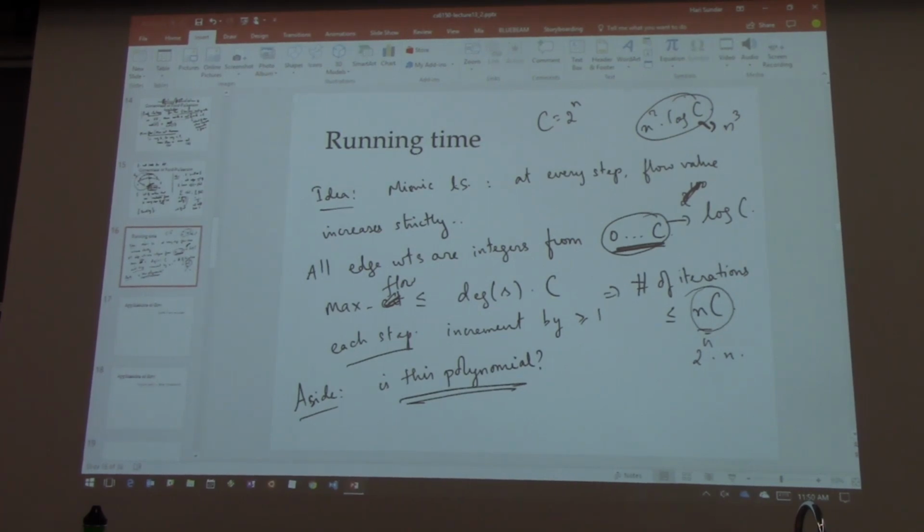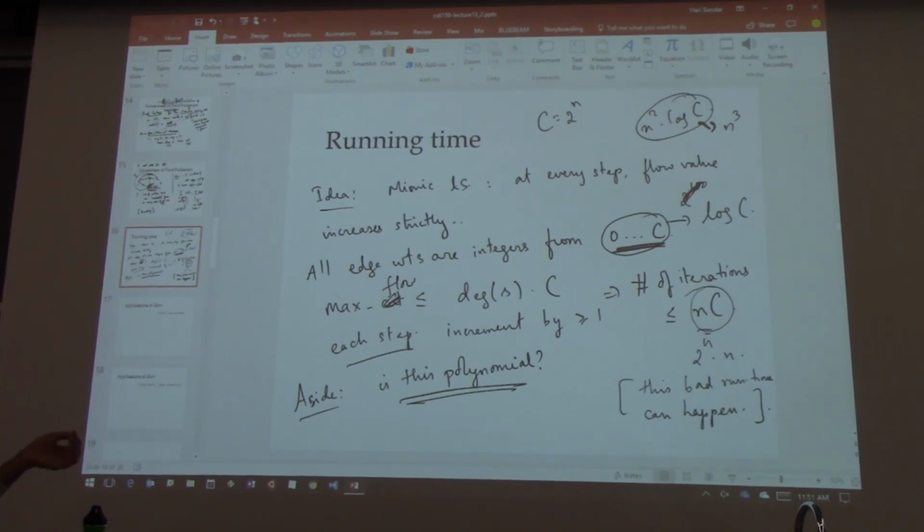I had an example, but I'm not going to do it because I want to cover all this other material. I will put it up somewhere. It's a very standard example, and you can also find it in the textbook. So this bad running time can actually happen, and there are ways to get around this also.